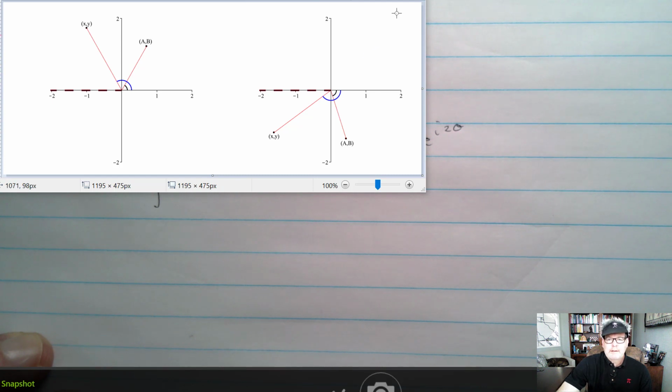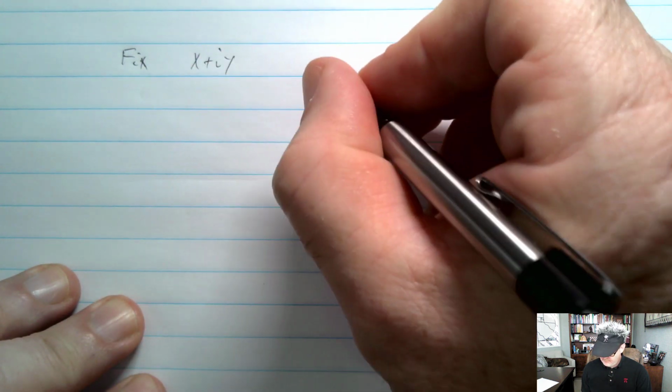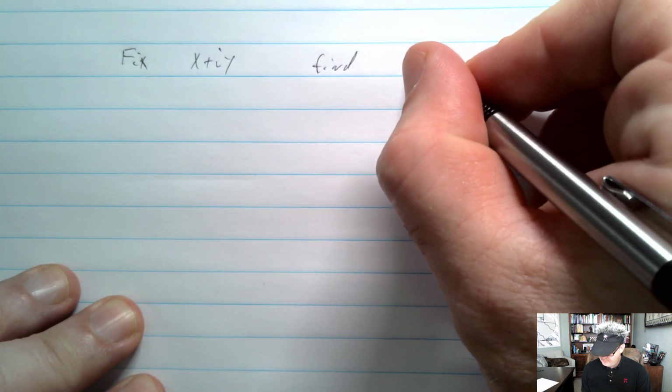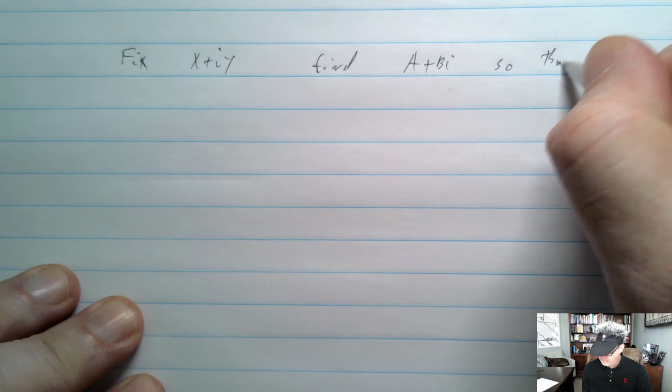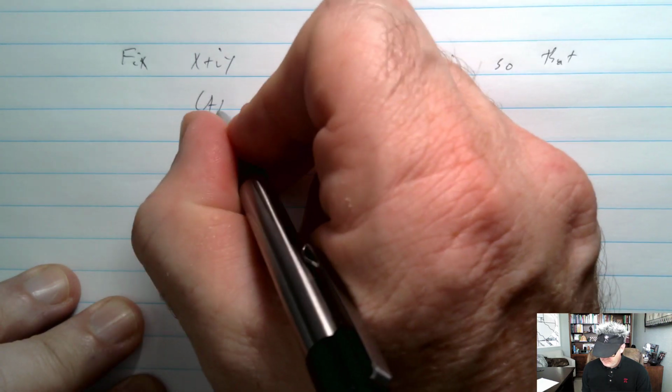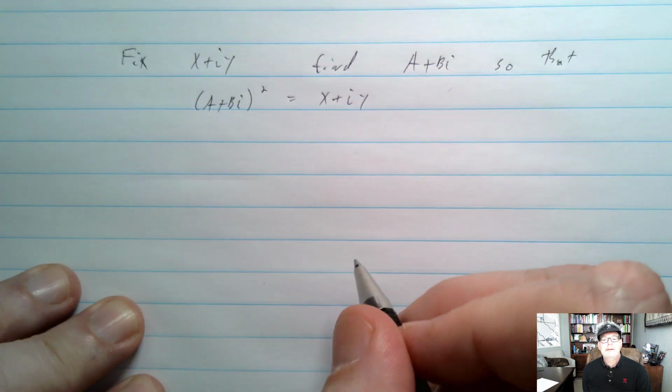So let's see what we gain. I want to fix x plus iy, and then find a plus bi so that (a plus bi) squared is x plus iy.